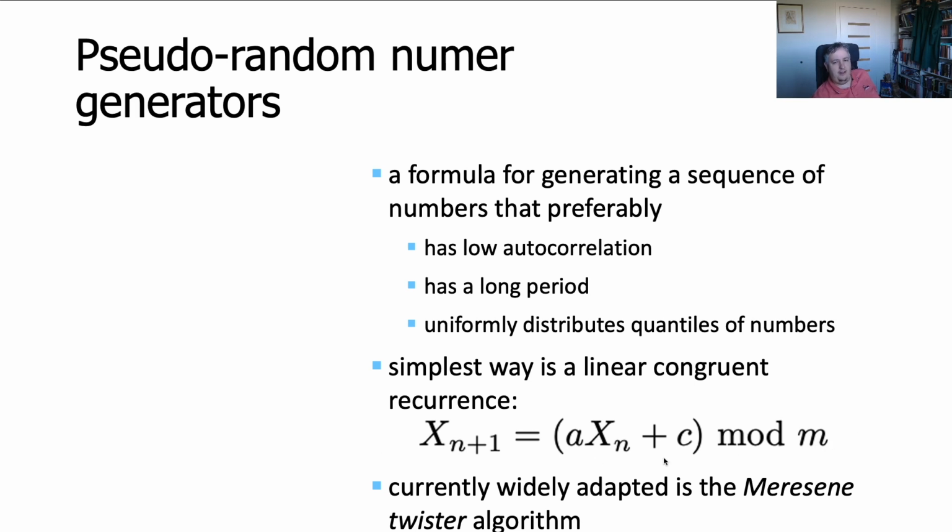Of course, a, c, and m are usually primes, or at least relatively prime to each other, so the returns won't happen quickly. What is also important is that this generates sequences of natural numbers, and that is not a big problem, because you can always divide by a limiting number and you get the 0-1 interval probability.